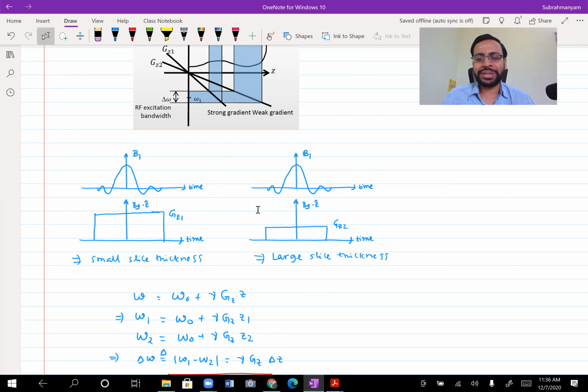Once you have started your machine, nothing is going to change with respect to B naught. There is something to do with B1. B1 you want for a particular bandwidth. Depending on that bandwidth, that would decide the shape of the B1 RF field that you are going to transmit. So, for example, we are drawing a sinc-like function.